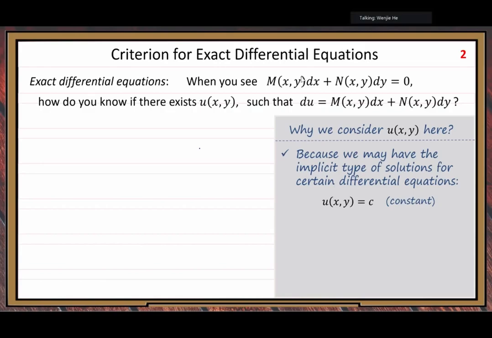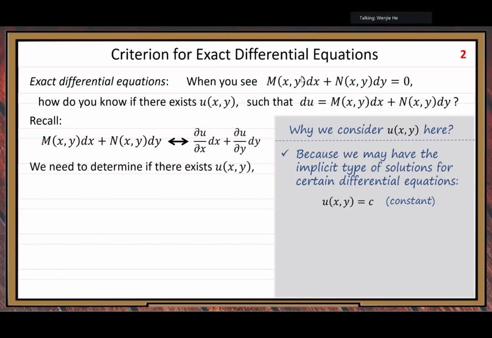We consider this case. Now, to make this differential form a total differential for some unknown U, the first thing is we need to see if such a U exists or not.